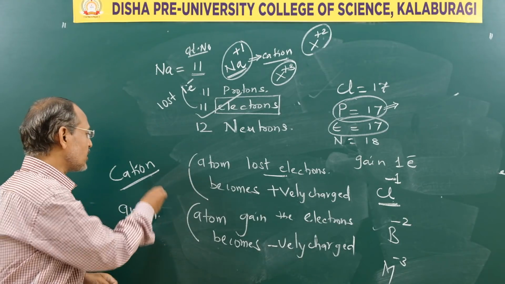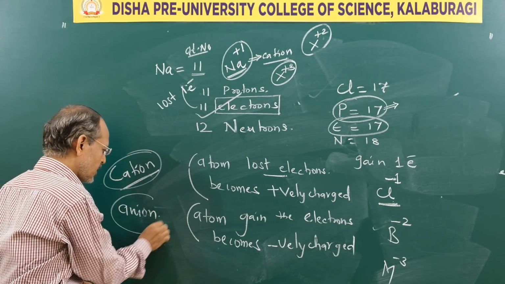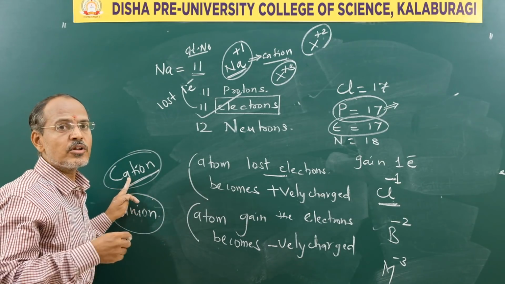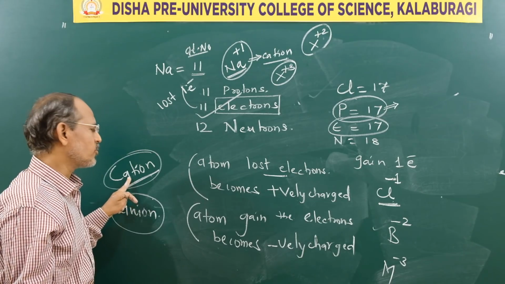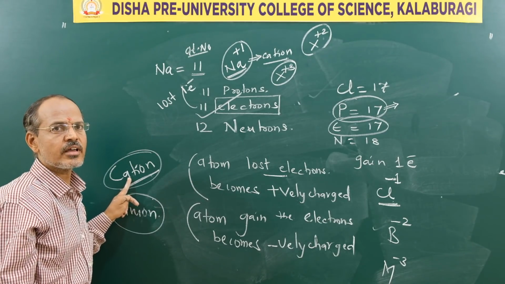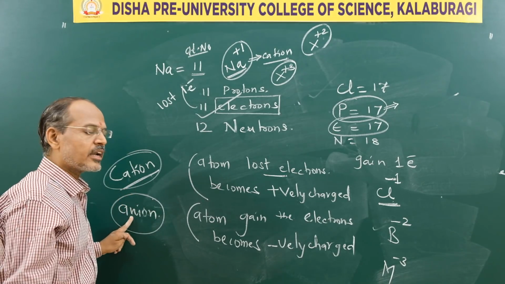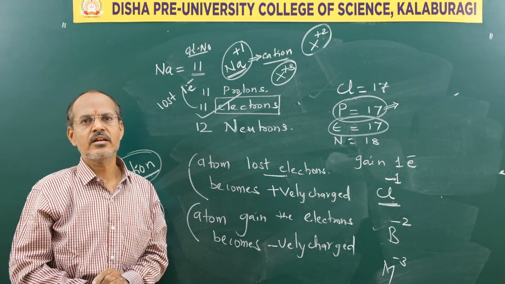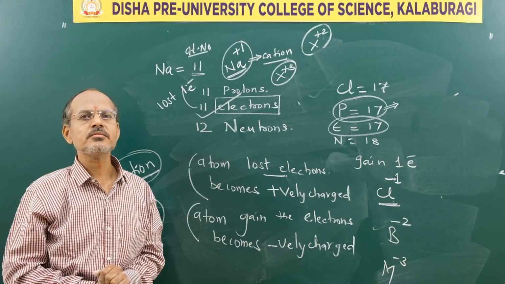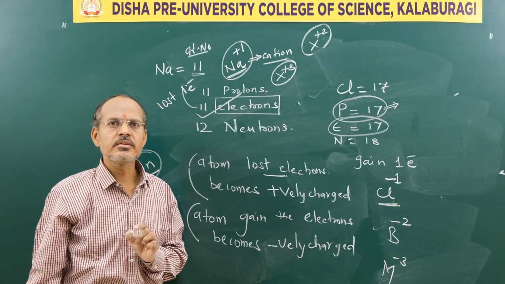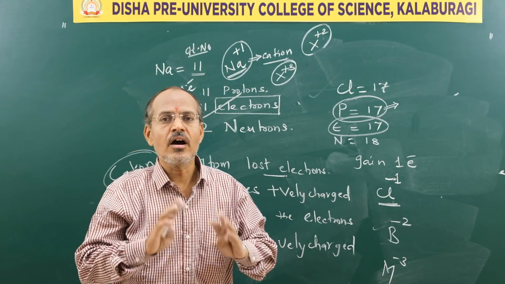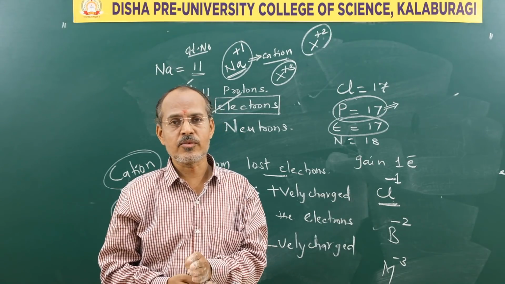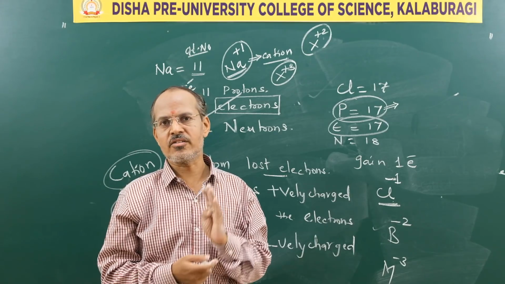And ions are classified into 2 types: cation and anion. If the atom lost the electron, it becomes positively charged, that we call a cation. If the atom gains the electron, then it is called an anion. I'll repeat. An atom, after the loss or gain of electrons, becomes electrically charged.